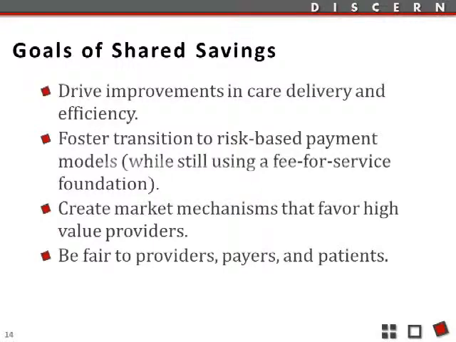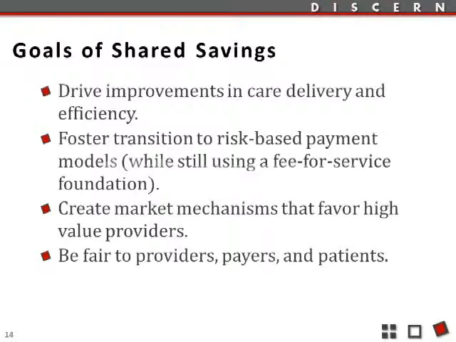And the goals of shared savings programs, I think by now, are well understood within the health delivery and the health policy community. A primary goal of shared savings is to drive improvements towards the triple aim of better health, better care, and lower costs. One reason that shared savings is a popular strategy for trying to move in that direction is that it allows a transition to a risk-based model without completely discarding fee-for-service reimbursement, right?